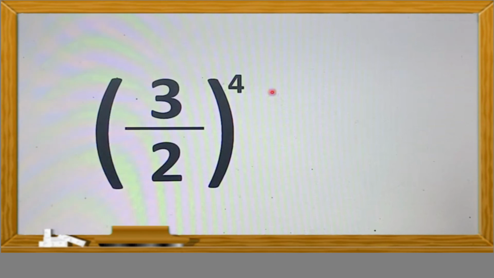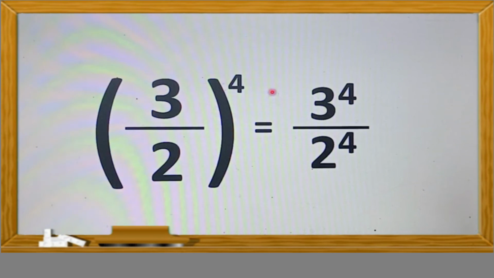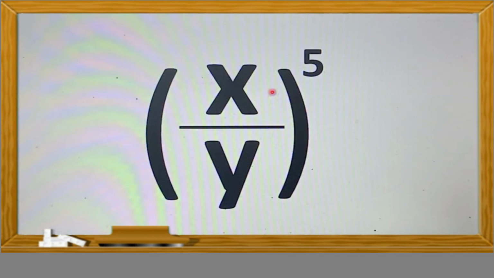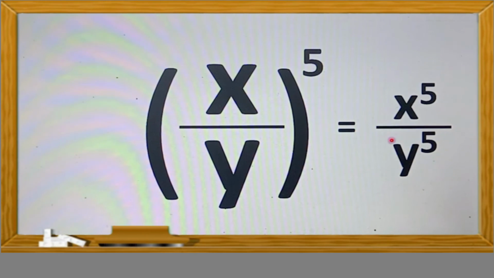Okay, example: 3 over 2 raised to 4 is equal to 3 raised to 4 over 2 raised to 4. Another: x over y raised to 5 is equal to x raised to 5 over y raised to 5.